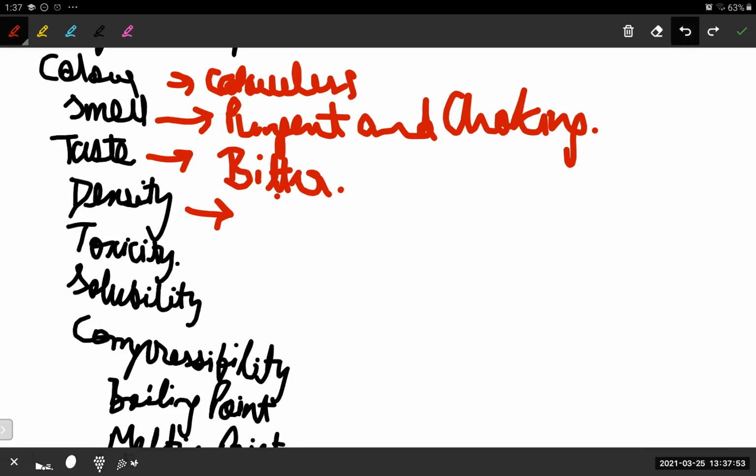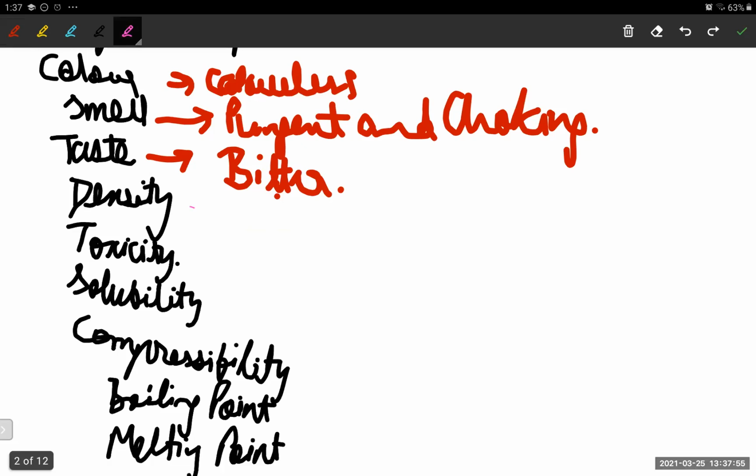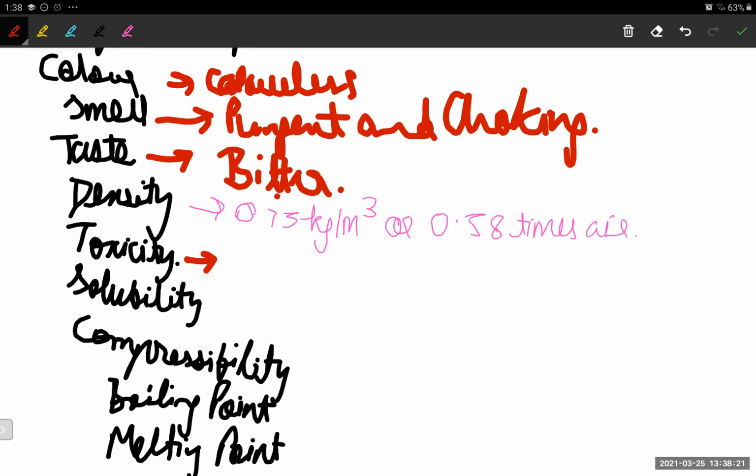I'll just write it with pink. Just give me a minute. So the density is 0.75 kilogram per meter cube. Anything you can write according to you. Next, we move on to the toxicity. Will it be toxic?